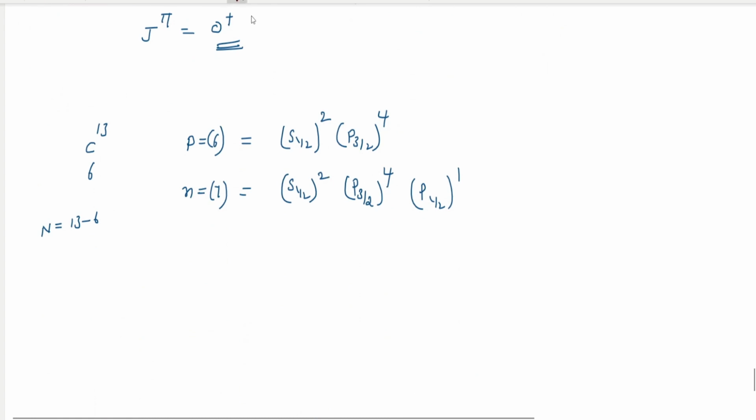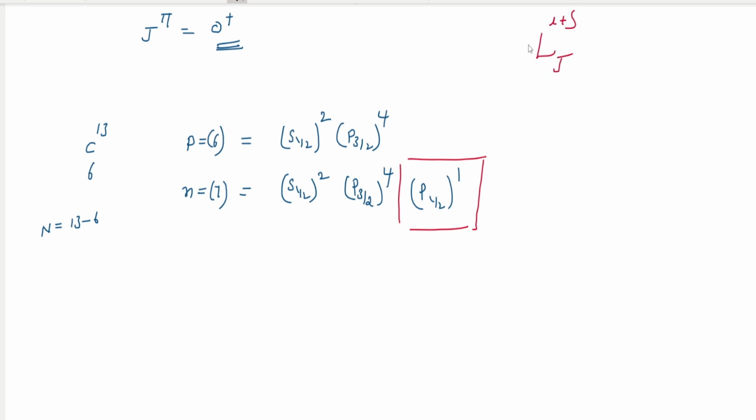So we need to focus on this step. This is even-odd, right? From here itself, we can find it. What is the J value here? We already know the spectral term, J equals L plus S. The J value here is 1/2, so J equal to 1/2. What is the L value? For P, the L value is 1. So we need to find the parity.